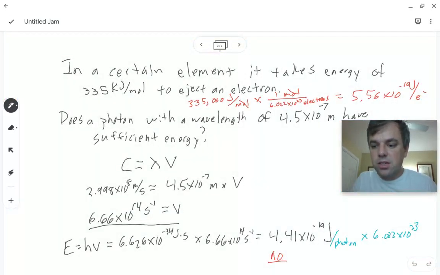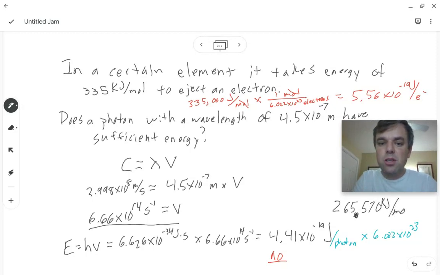Sorry, I hit the wrong button on my screen. So that's 265,570 joules, or 265.570 kilojoules per mole, which, if we compare those two numbers, is still insufficient. So that's a sample problem.